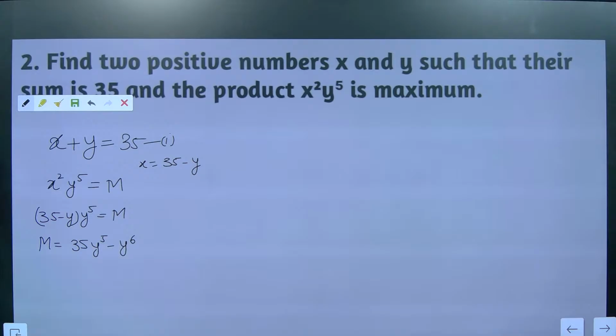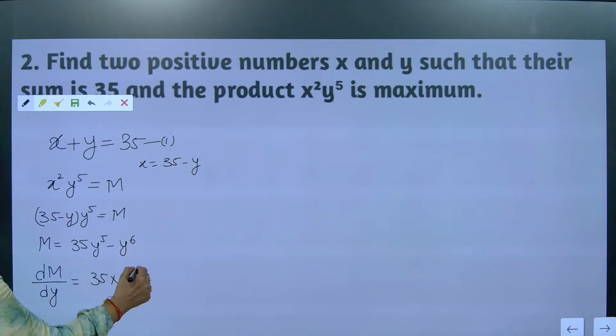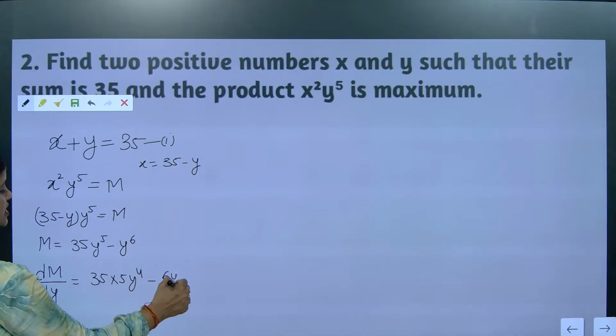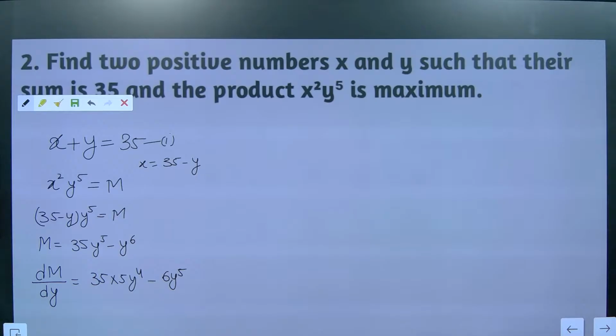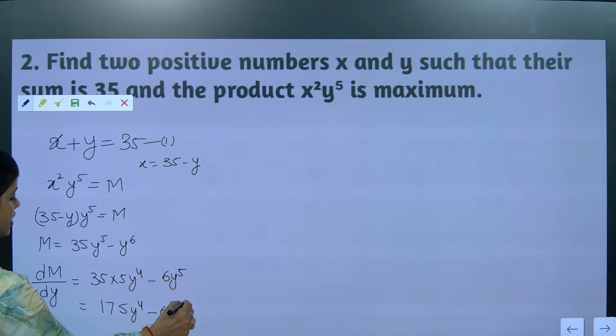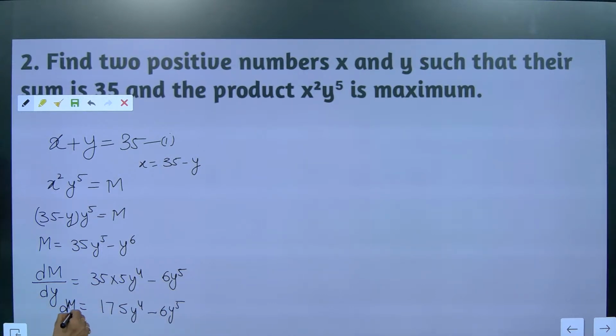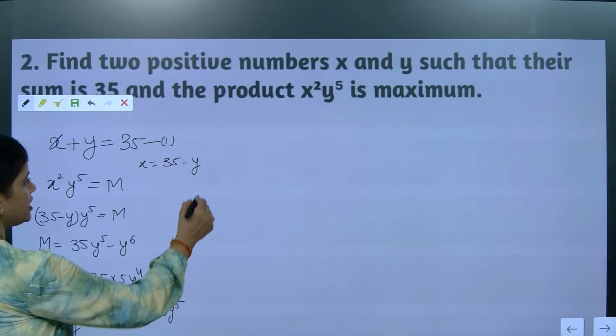Easy. Now differentiate, dm by dy equal to 35 into 5y to the power 4 minus 6y5. Done? Now beta, here it is coming 175y4 minus 6y5. This is dm by dy. Now we need to make it equal to 0.